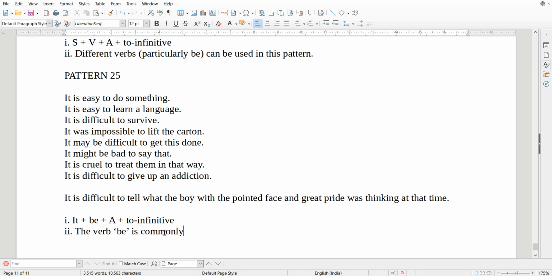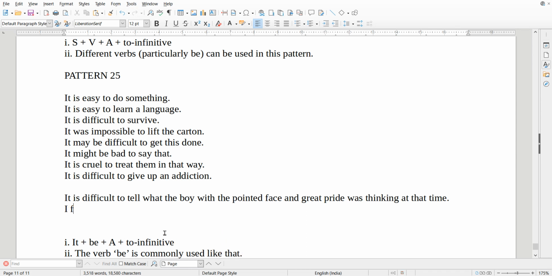I can make a non-grammatical sentence like that. It's commonly used like that. But structures like it seems difficult to be achieved, to do anything. It appears difficult to, that's also possible. Okay.